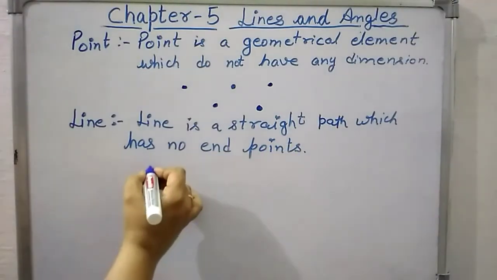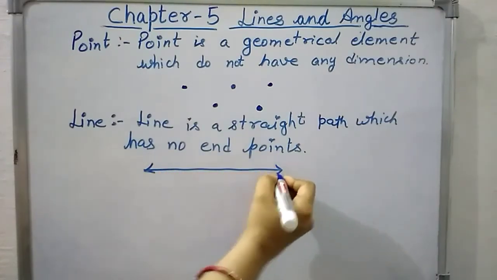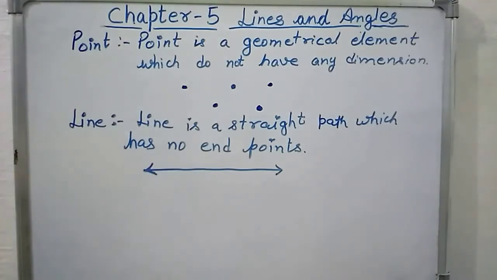That means a line does not have any end point. These arrows indicate that we can extend this line in any direction up to any length.